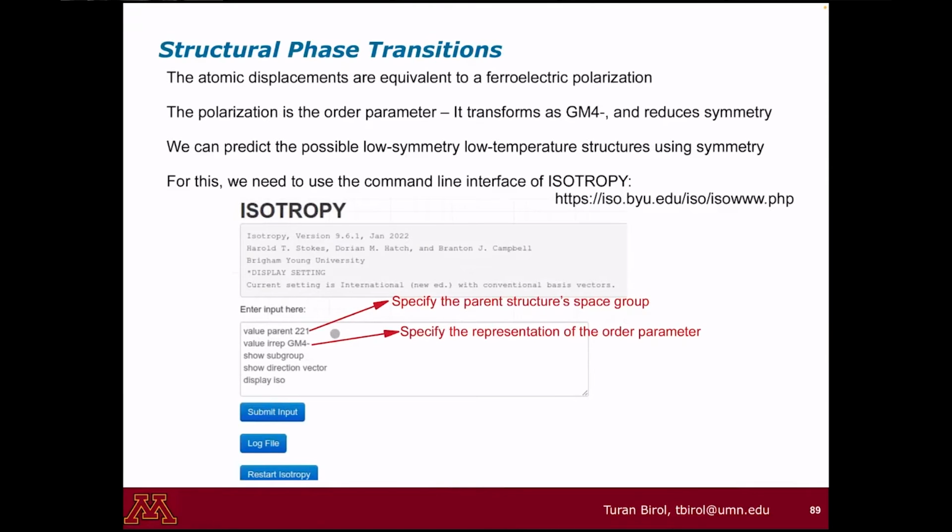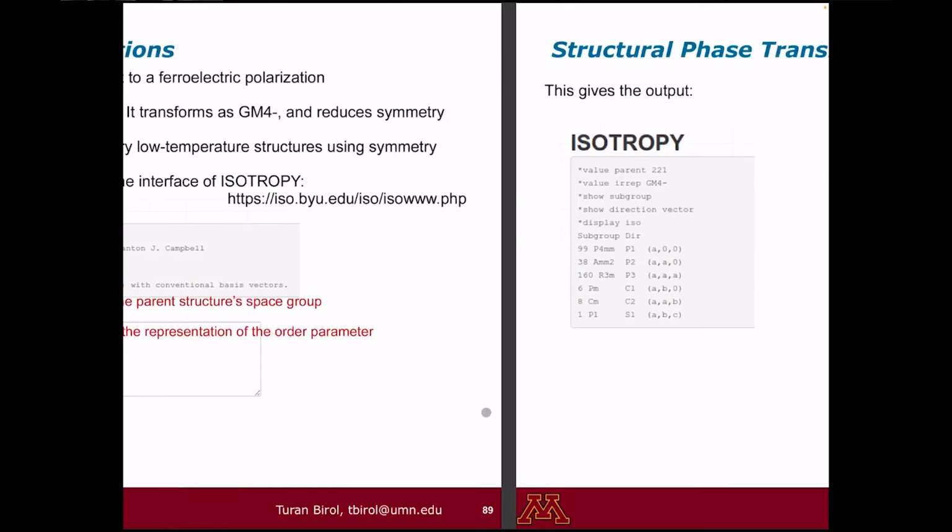This is the number of the cubic perovskite space group. I have the irreducible representation, irrep for short, which is Gamma 4 minus. And I ask the code to show me the subgroups and the direction vectors in those subgroups of my irreducible representation. And display ISO is just the last line saying, okay, I'm done giving you inputs, give me the result now. So you type these and press submit inputs.